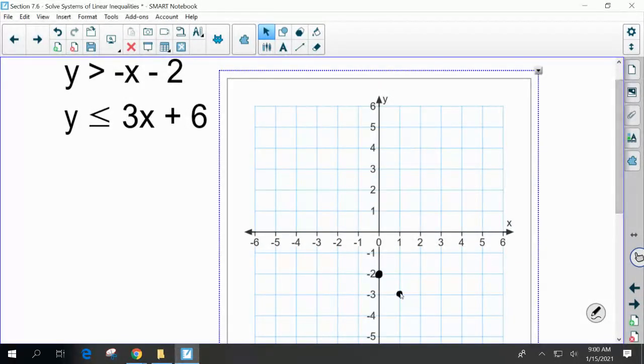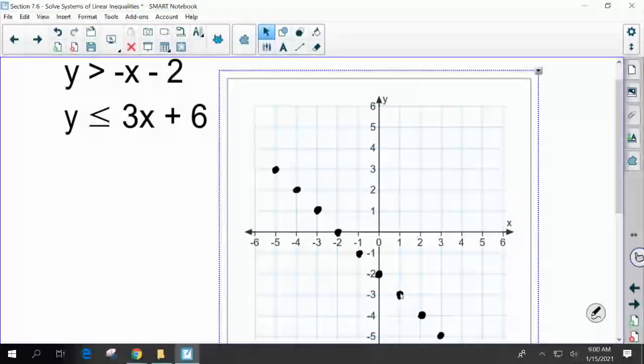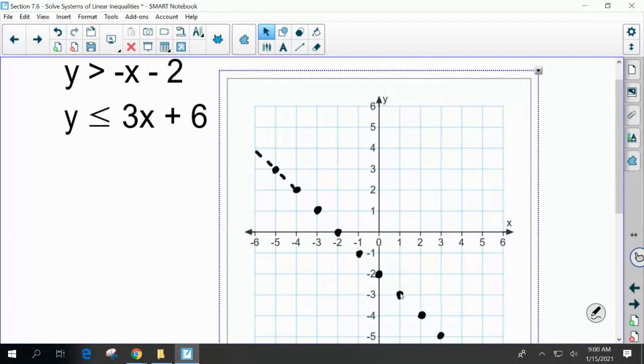Or I could go up 1, left 1. This is a dashed line because it is greater than, and there's no equal to. So you make a dashed line.